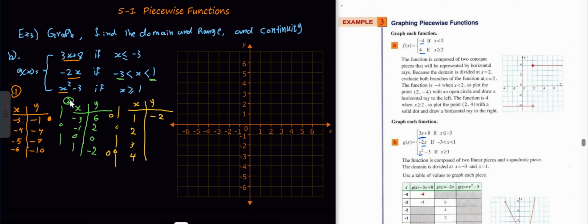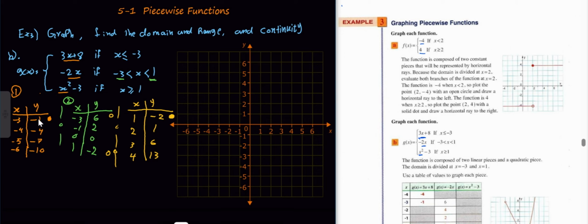If you put 2, it will be 4 minus 3, which is 1. If you put 3, it will be 9 minus 3, which is 6. And if we put 4, it will be 16 minus 3, which is 13. And here for 1, we are going to fill the circle because we have an equal sign.